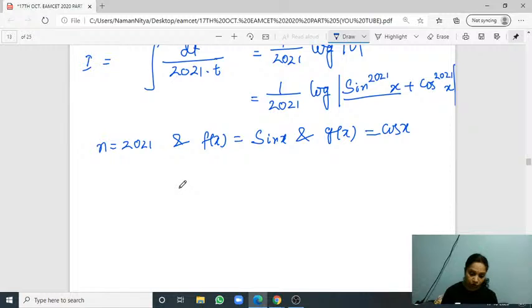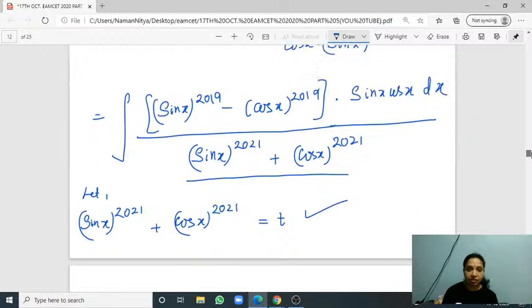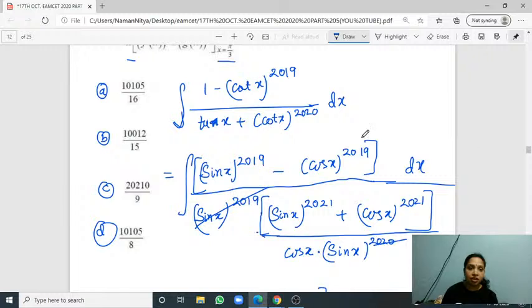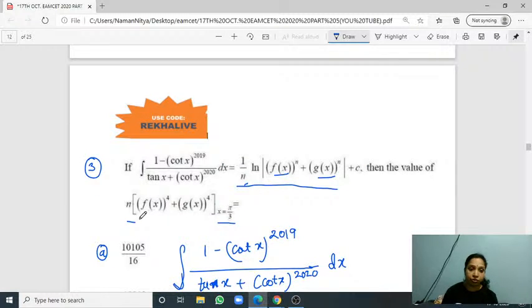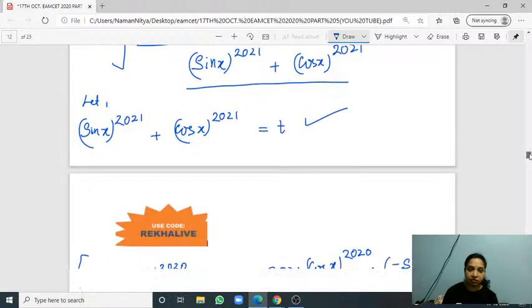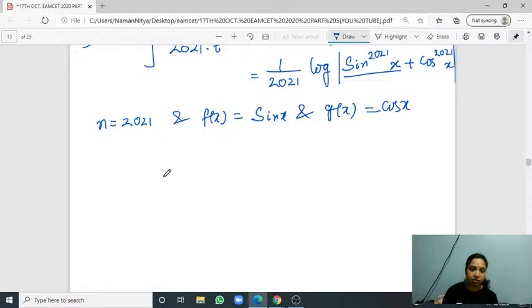So once we got this, we can calculate what they are asking to calculate in the question: f of x power 4 plus g of x power 4 into n at x equal to pi by 3. So just put x equal to pi by 3 in this term, you will get your answer.